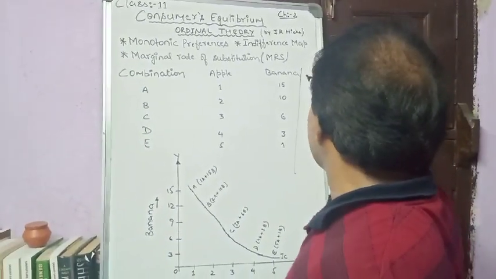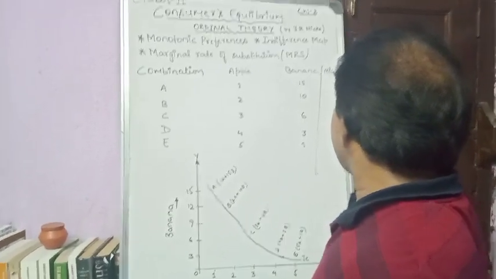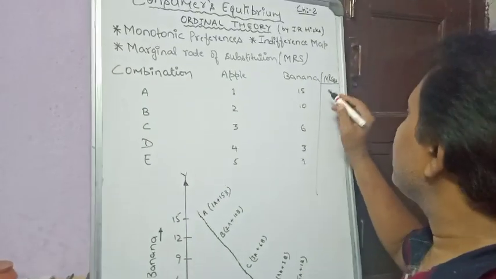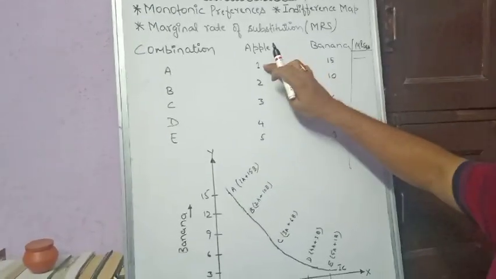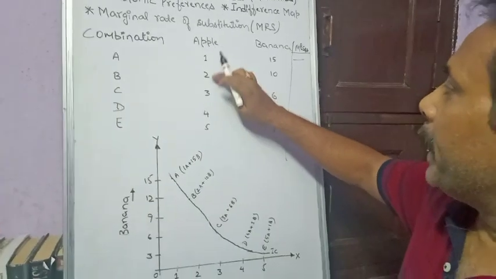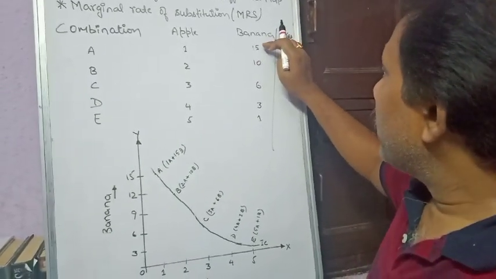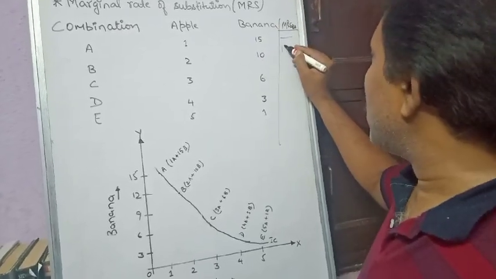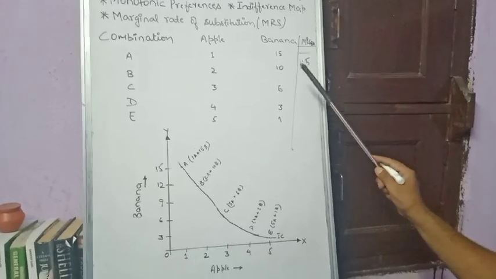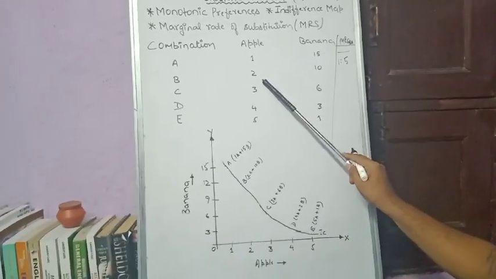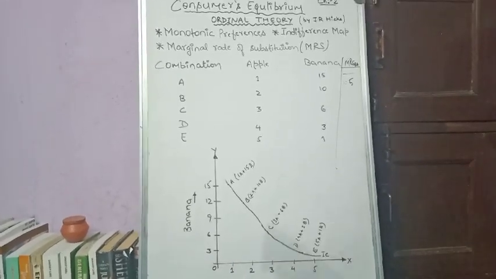Here we can write MRS_BA is equal to nothing, because there is no change, but then from 1 to 2, how many apples did I change? 1 apple, but bananas from 15 to 10, which means 1:5. It indicates that only to gain 1 apple the consumer is ready to sacrifice 5 bananas.